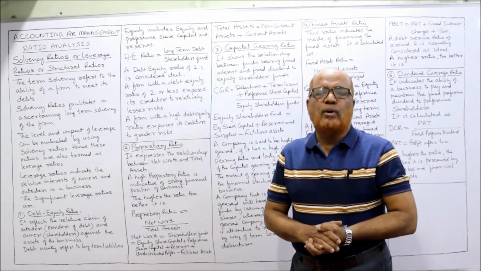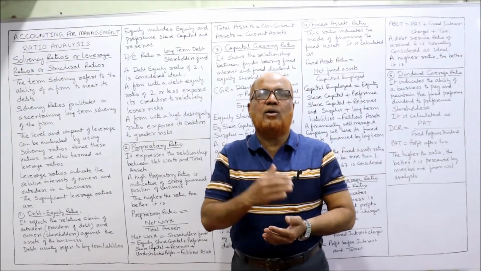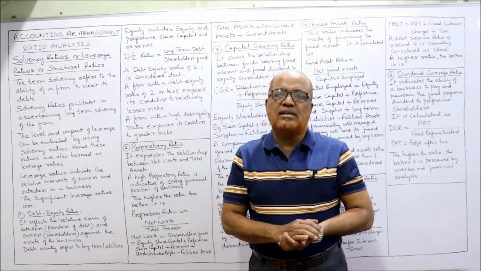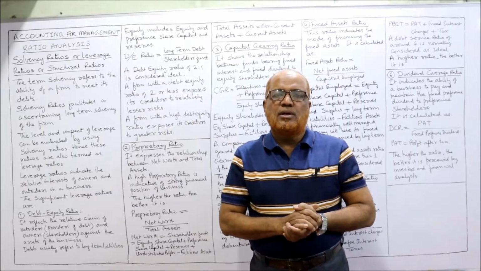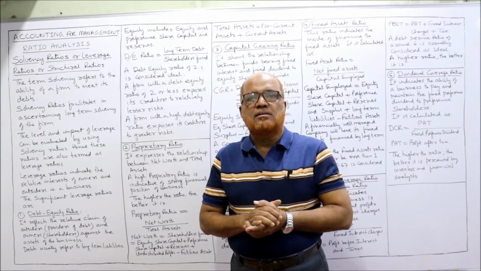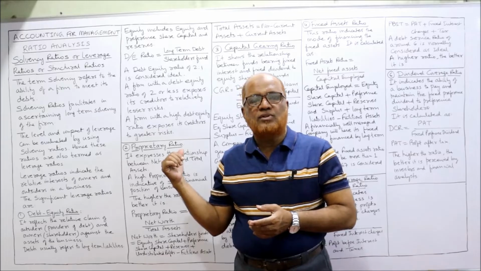Now in this video I am going to explain the second category of ratios, that is solvency ratio or leverage ratio or structural ratios. Before explaining this, take a screenshot of the points which I have written on the board.